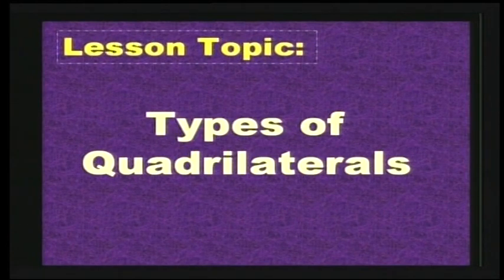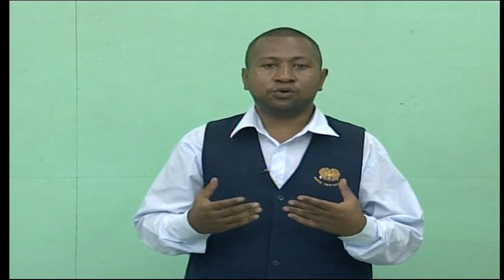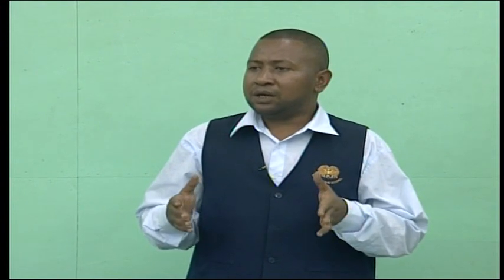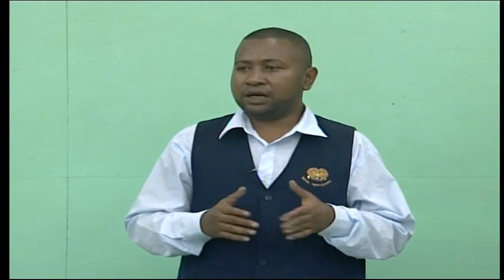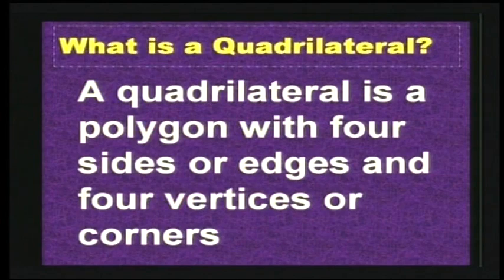So in today's lesson, we are going to learn what a quadrilateral is and what the types of quadrilaterals are. A quadrilateral is a polygon with 4 sides or edges and 4 vertices or corners.